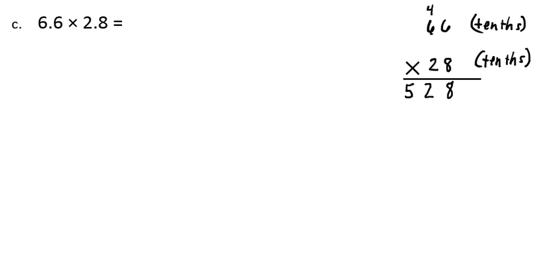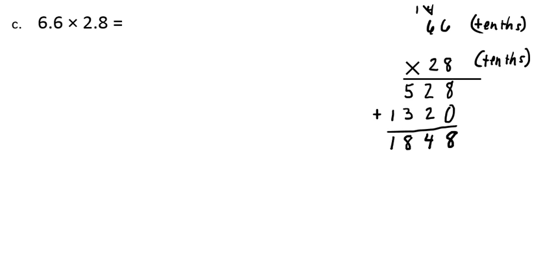Now when I multiply by the 2, it's actually 20, so I'm going to put down my 0. 2 times 6 is 12. 2 times 6 is 12 plus 1 is 13. And I can add those. So I have 8, 4, 8, and 1.